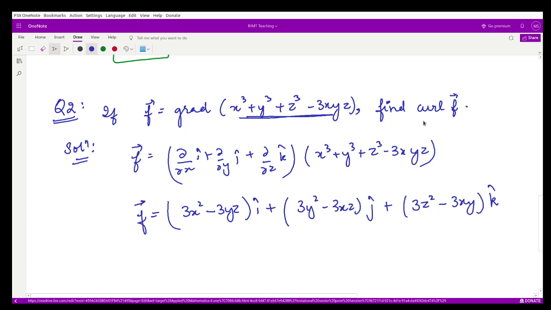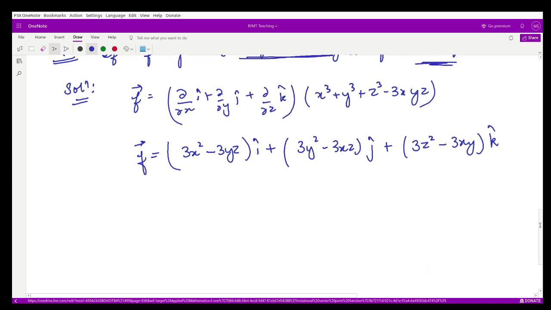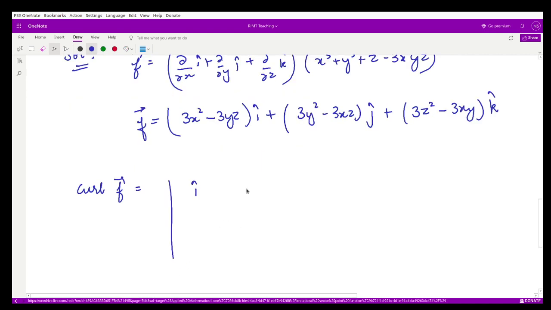Now you are to take the curl of this vector. So when you perform the curl, that would be the determinant of i cap, j cap, k cap, del by del x, del by del y, del by del z of 3x square minus 3yz, 3y square minus 3xz, and then 3z square minus 3xy.